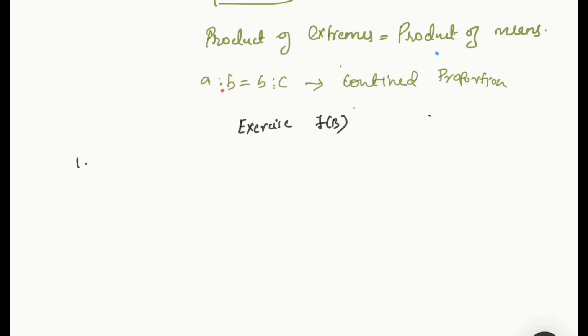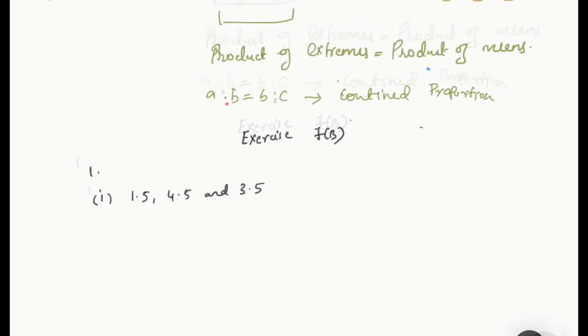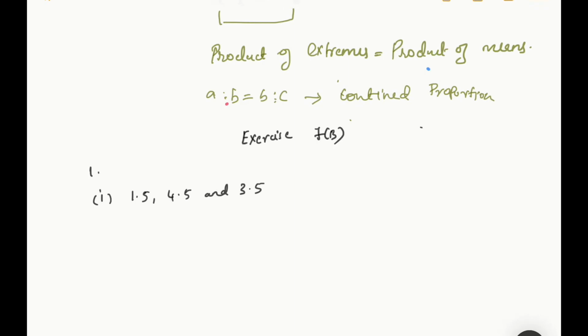Find the fourth proportional to. Okay, let us do the first question from exercise 7b. Find the fourth proportional to 1.5, 4.5 and 3.5. So let the fourth proportional be x.